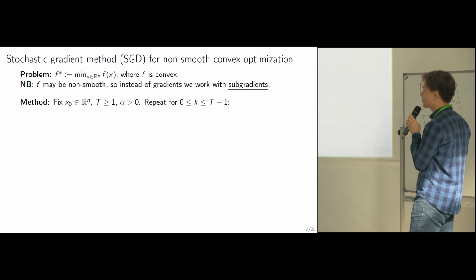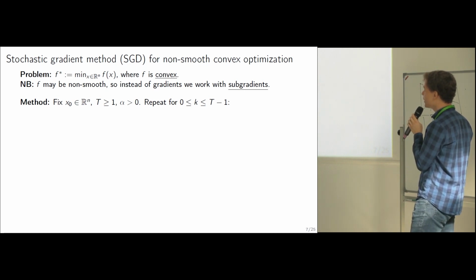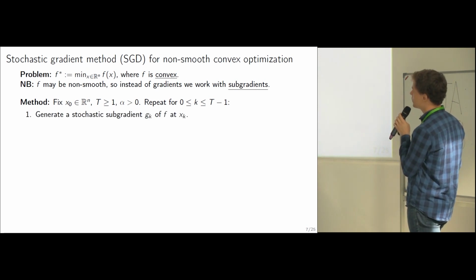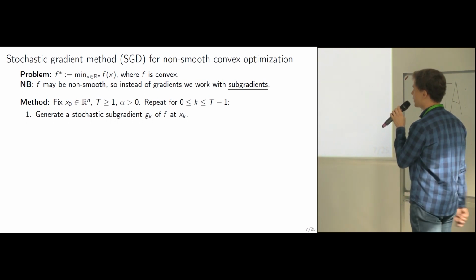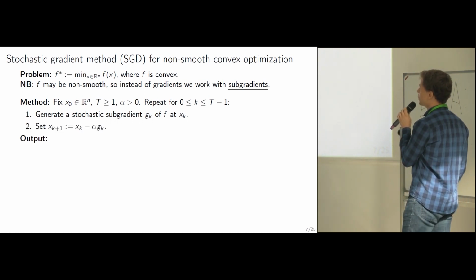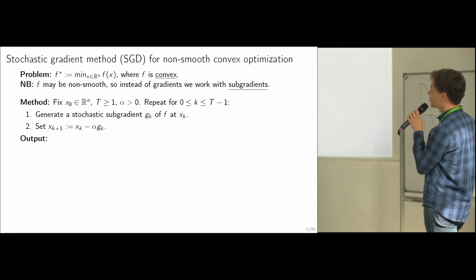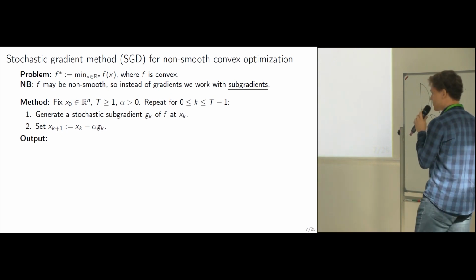We fix some initial point, x0, and then we repeat the following procedure. At each step, we generate a stochastic gradient of our function by calling our stochastic oracle, and then we simply try to mimic the usual gradient method. We move along the negative stochastic gradient with some constant, alpha, which is called the step size.